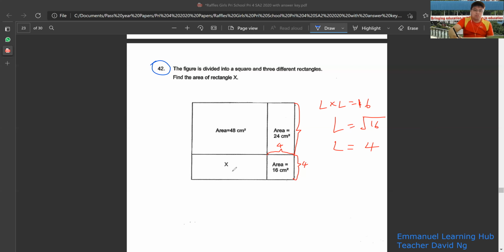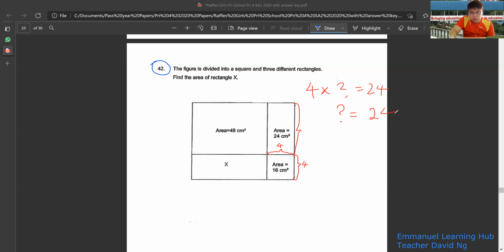Not 8. 4 multiplied by what is 24? So the question mark is equal to what?